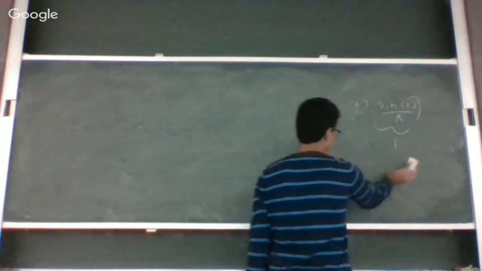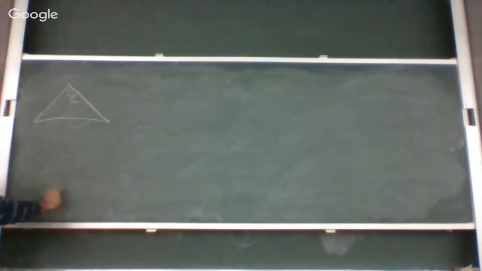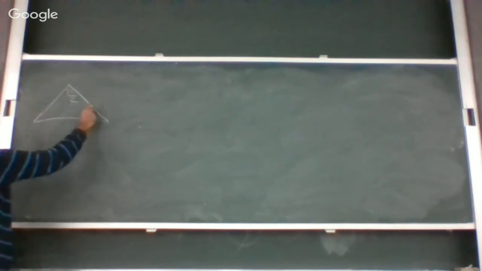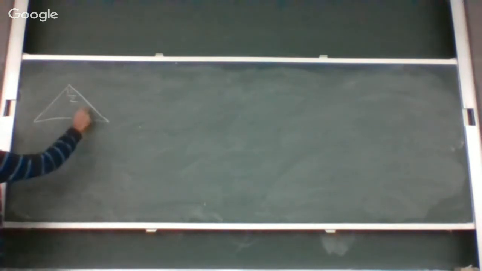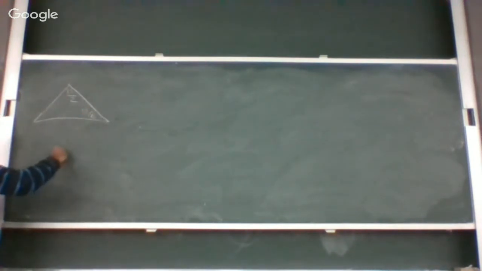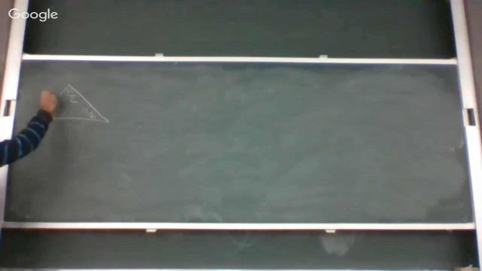So you all know the unit circle? Okay. Let's call this angle pi over 2 and this one pi over 6, and say this side is 3.